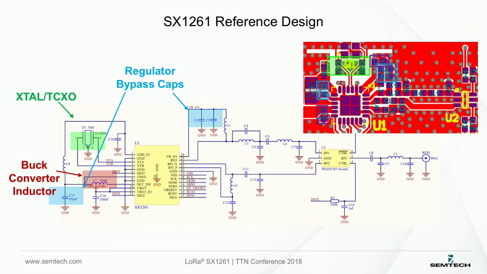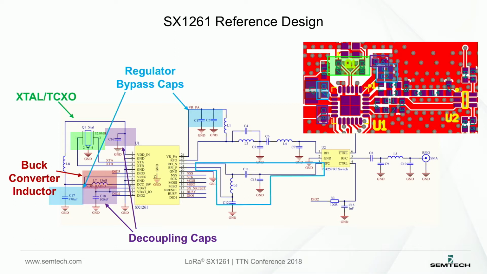And we have a set of regulators and decoupling capacitors to filter out the RF noise and the supply noise. On the right side, it's really the RF part. I've designed separated RX and TX paths so that you can optimize the power transfer and the reception path, and those two are connected with the RF switch.